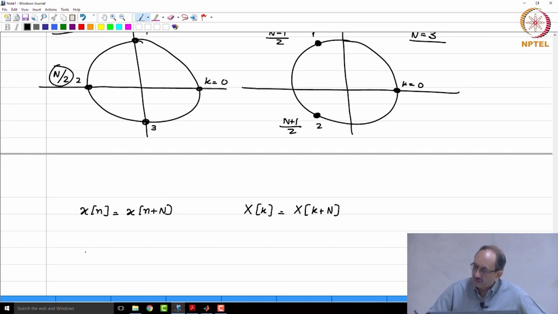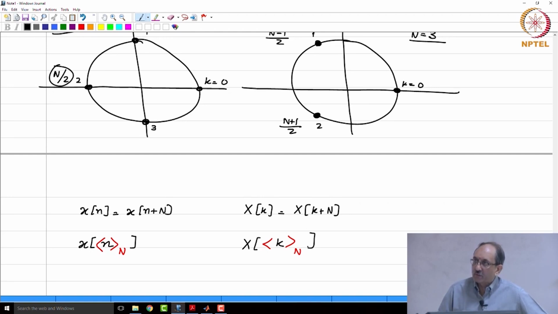Here because of the periodicity, the index n is really index little n mod capital N. Because no matter what the index is, you can always map it to the interval 0 to N minus 1. Similarly here the index is really index mod capital N, because both of them are periodic with period capital N.